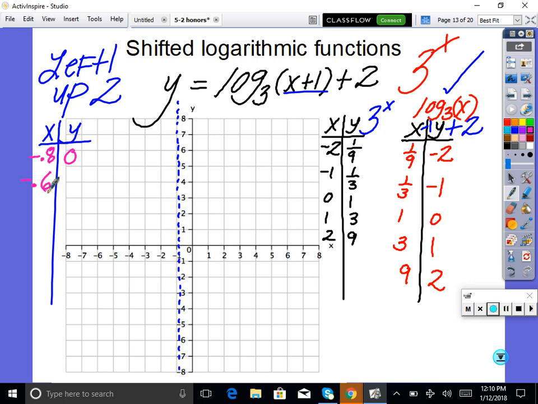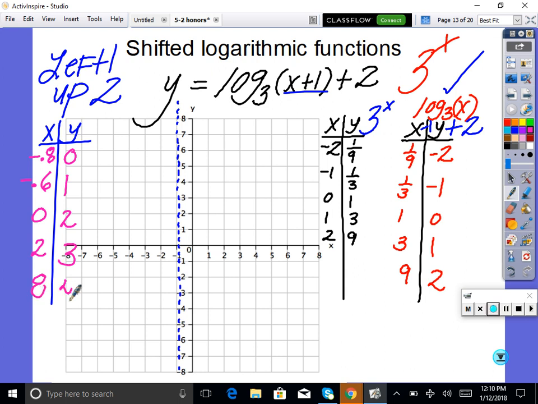And then what's negative 1 plus 2? 1. Is everybody with me? Then 1 minus 1 is 0. Then 0 plus 2 would be 2. Okay, 3 minus 1 is 2. And then 1 plus 2 is 3, and then 9 minus 1 is 8, and then 2 plus 2 is 4.